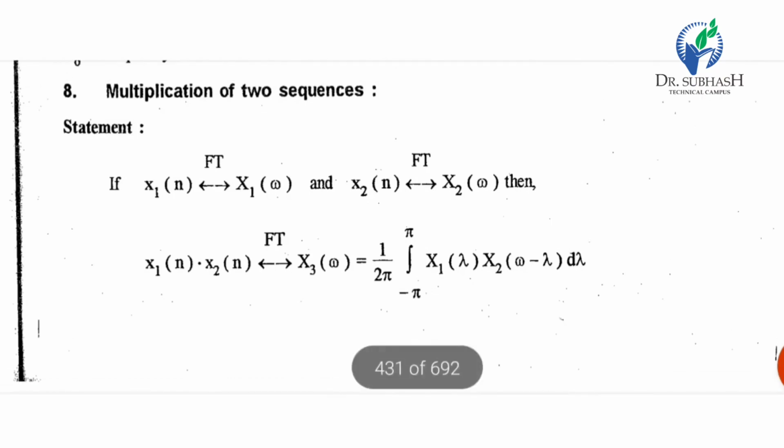The next property is multiplication of two sequences.